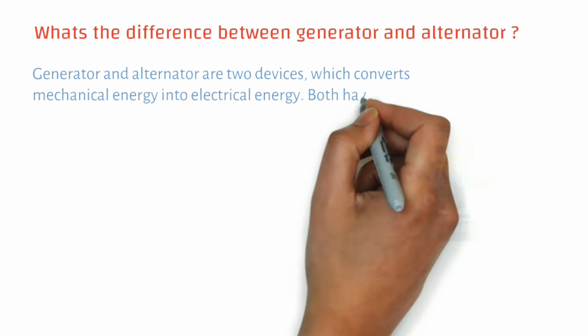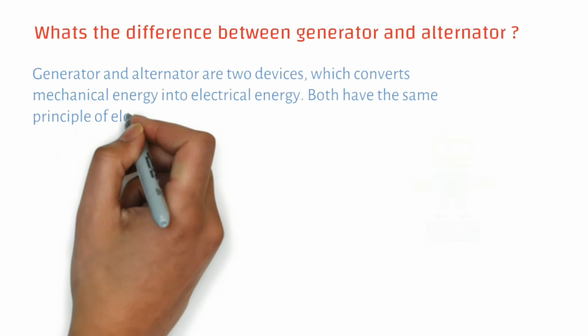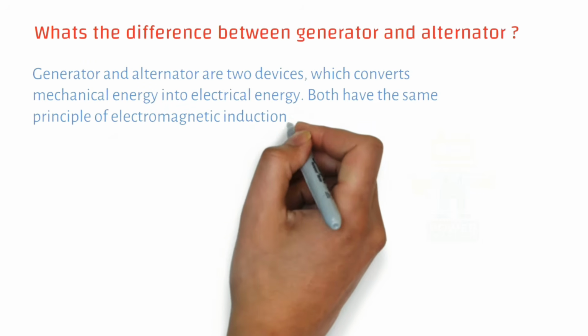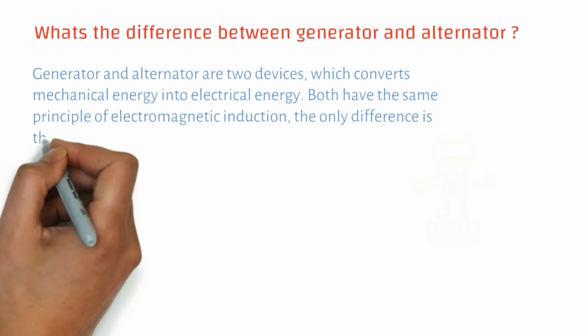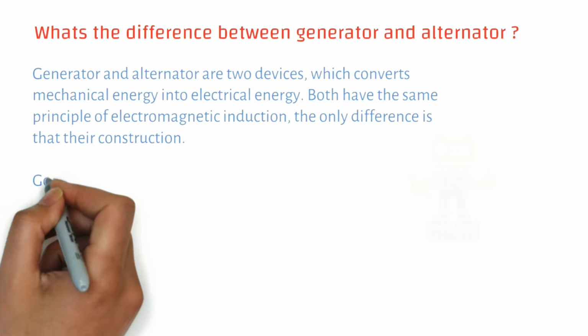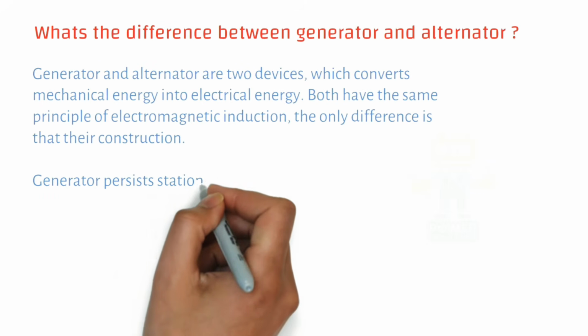So generator and alternator are two devices which convert mechanical energy into electrical energy. Both have the same principle of electromagnetic induction. The only difference is their construction. So we will see now what is the difference in their construction.